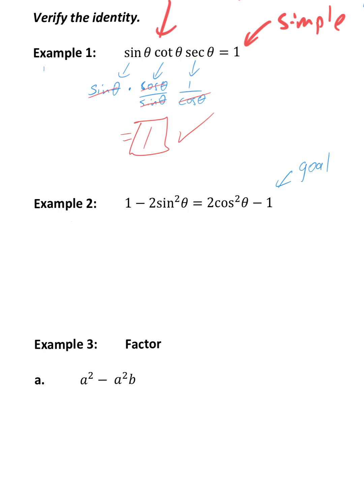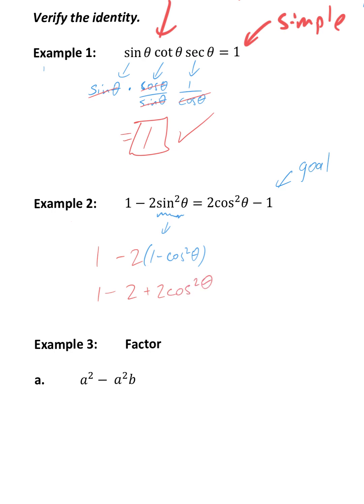Okay, and so here we go. Let's replace sine squared using our Pythagorean identity with 1 minus cosine squared theta. Okay, and then don't forget to bring the rest of this problem down along with it. Okay, my negative 2 can distribute in here. So I have 1 minus 2 plus, the two negatives cancel each other out, 2 cosine squared theta.